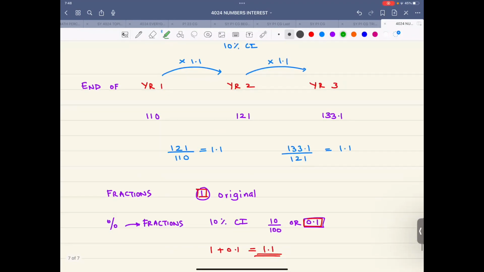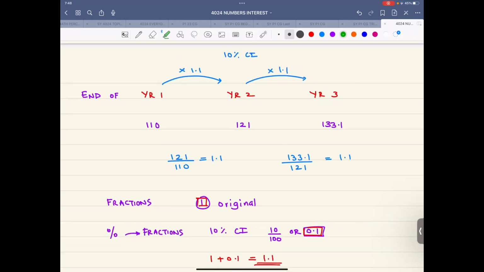And then we did an analysis, and that analysis is that we take the year one value and multiply it with 1.1. What is this 1.1? That is the original value plus the percentage.